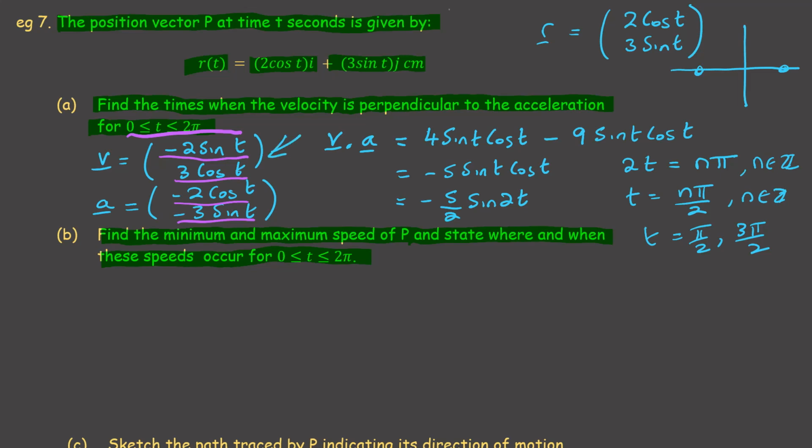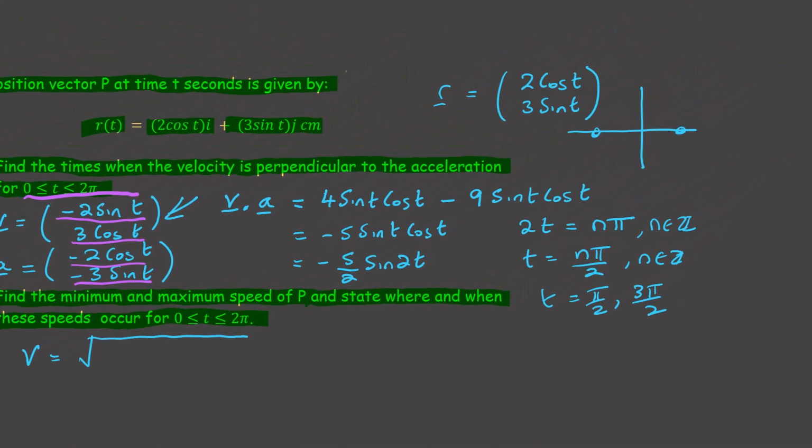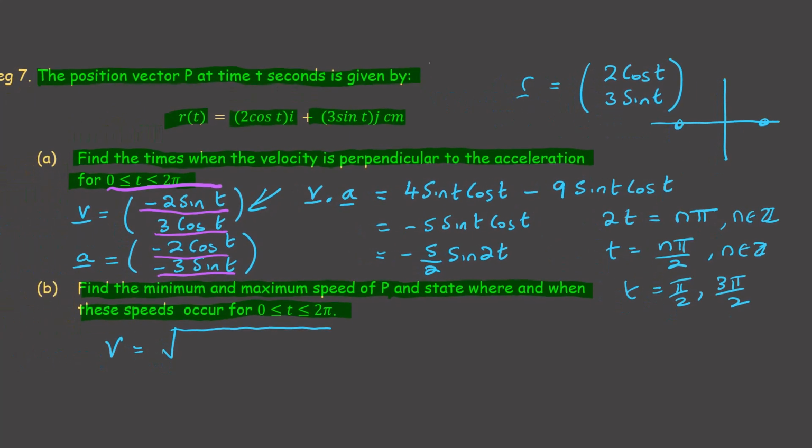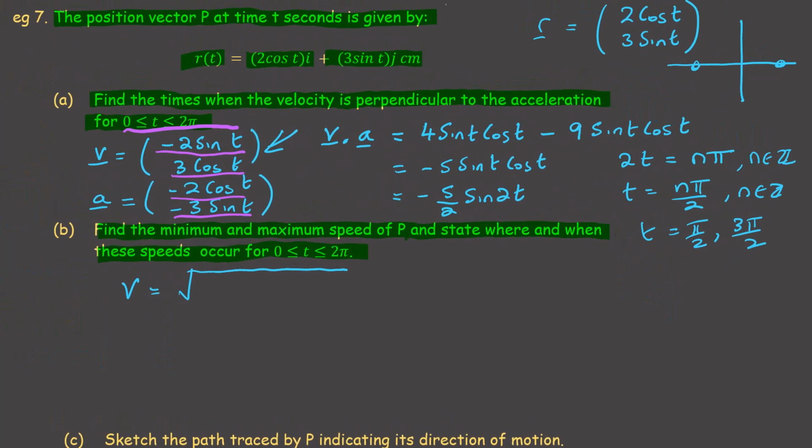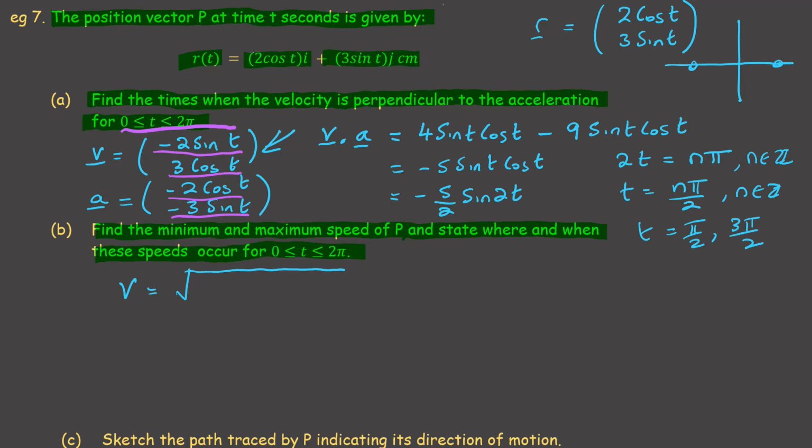Going from the velocity here, the magnitude of the velocity, the speed, is the square root of, we square the negative 2 sin t, so that will be 4 sin squared t, and square the 3 cos t, so that's plus 9 cos squared t.